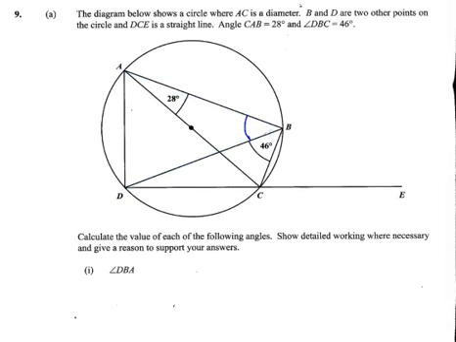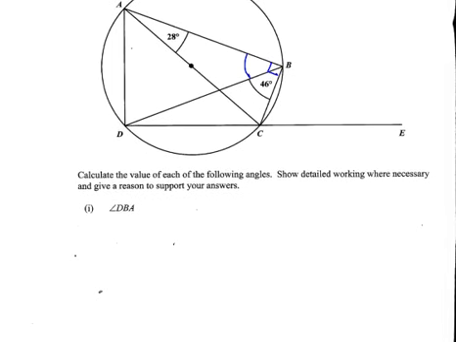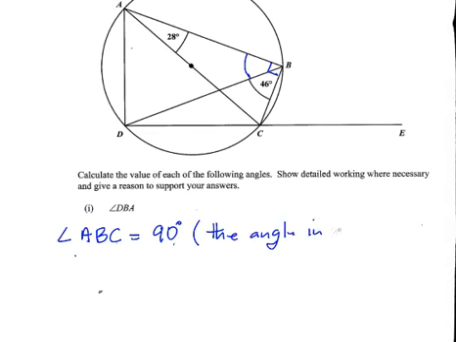Alright, first of all, this entire angle here is 90 degrees. So I can say that angle ABC is equal to 90 degrees, and the reason for that is that this angle is an angle in a semicircle.